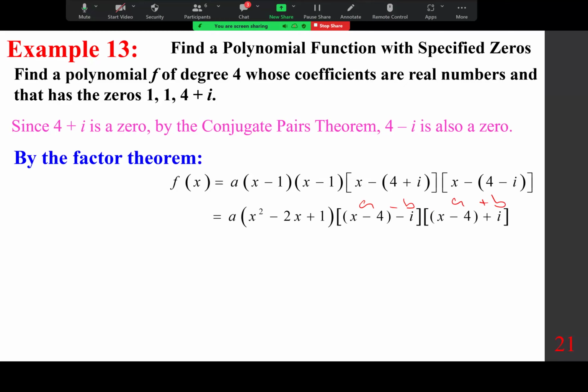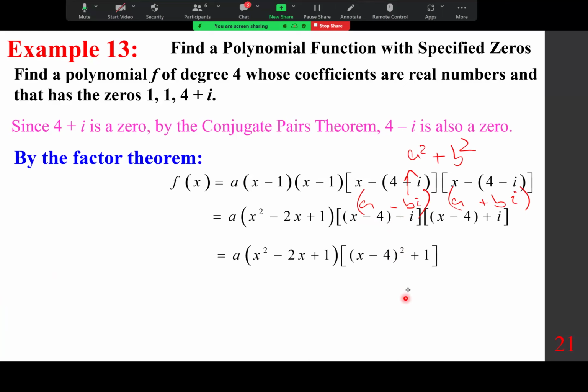So you get a squared minus b squared, which is x minus 4 squared minus i squared, which makes it plus 1. Or you can go with the bi and then say this product is a squared plus b squared. So this part is x minus 4 squared plus 1. Please understand the reason we do it this way, it's a lot faster.